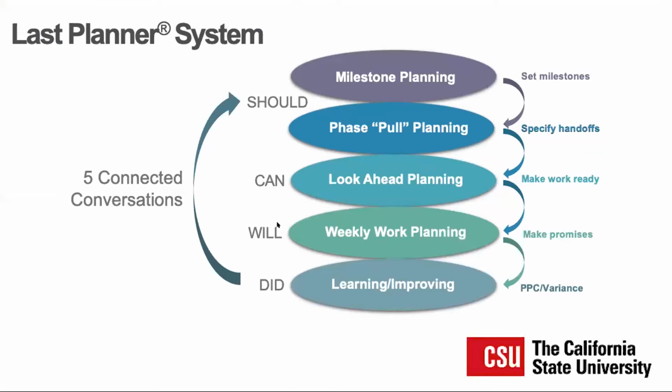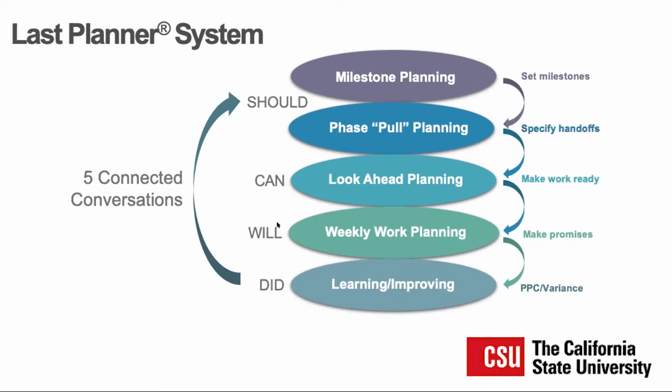So to the question in the poll, there are 5 connected conversations, or 5 elements, to the Last Planner system, starting with milestone planning. And I'm going to give you some examples of each of these as we go forward. There's what's called a phase pull or pull planning. You'll hear a lot of people talk about pull planning, but they may have only experienced a phase pull, or they may have only experienced the 6-week make work ready planning.